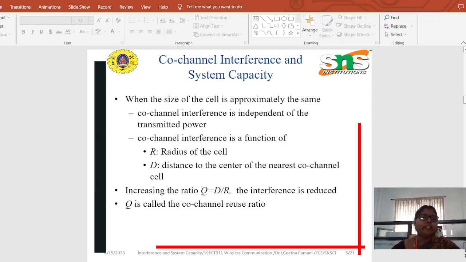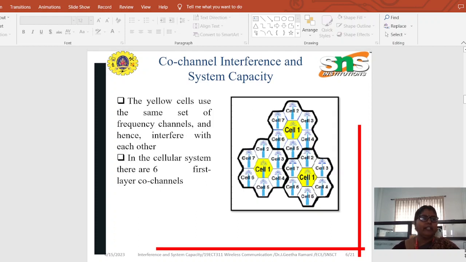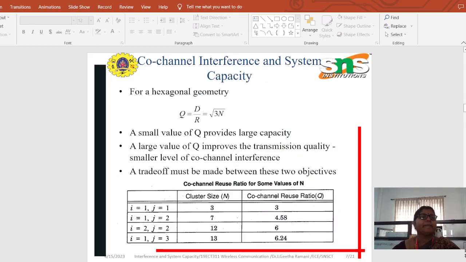If this R is reduced, then interference is also reduced. So we want to reduce the radius of the cell, that is the size of the cell, to minimize the co-channel interference. Okay, this is the example diagram which shows the frequency reuse concept and the co-channels and how the interference will be reduced among these co-channels.